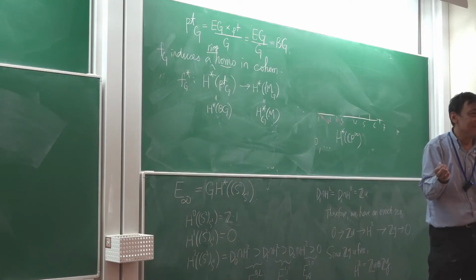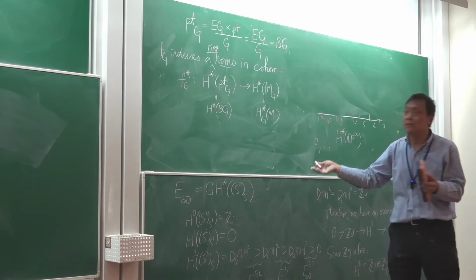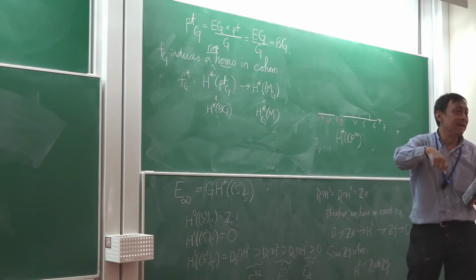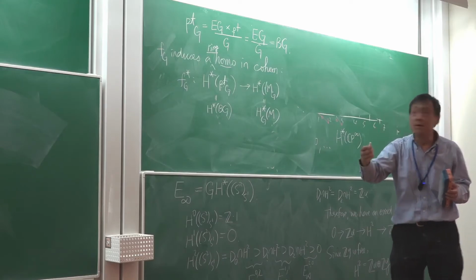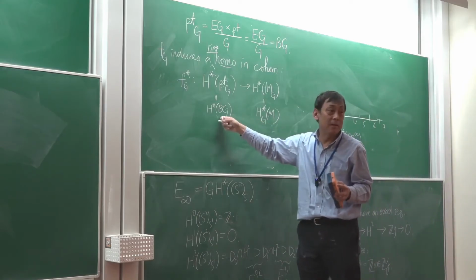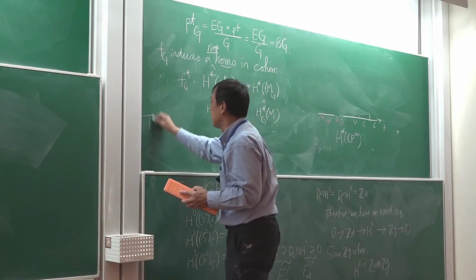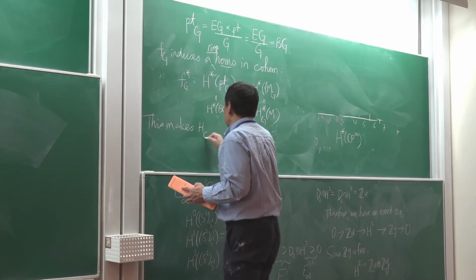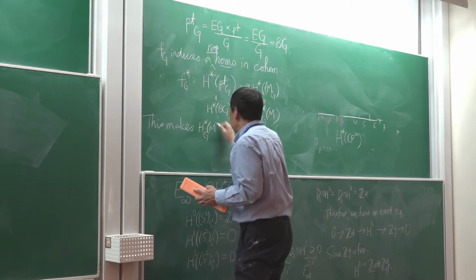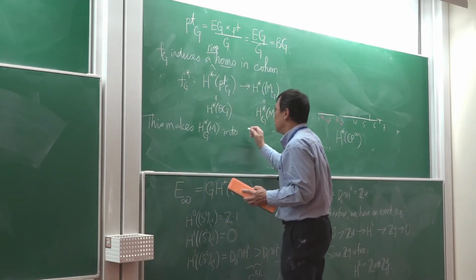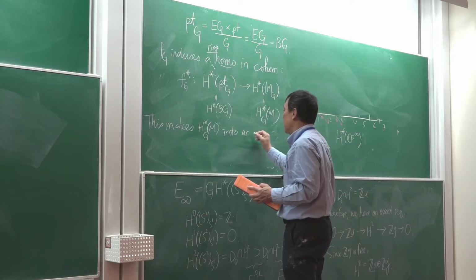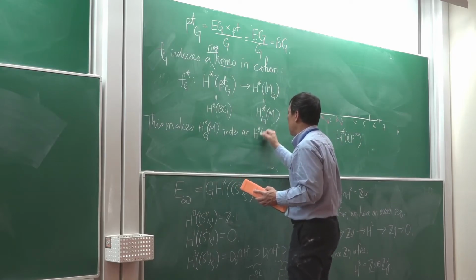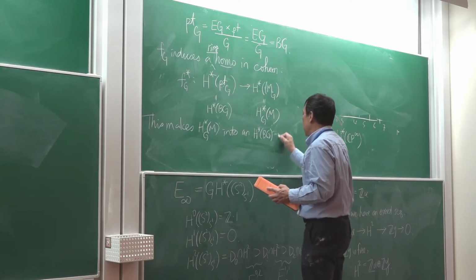What is it? Yeah, it's a ring, and it's also a module over this ring. So this makes the equivariant cohomology into an H star of BG module.